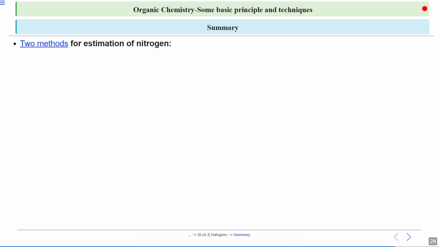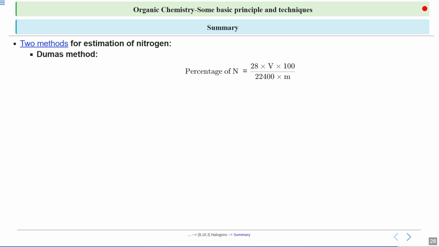After that, we talked about two methods used for the estimation of nitrogen. The first one is the Dumas method, and the second one is the Kjeldahl method. Here is the formula used in the Dumas method. Percentage of nitrogen equals 28 times V times 100 divided by 22,400 times small m.